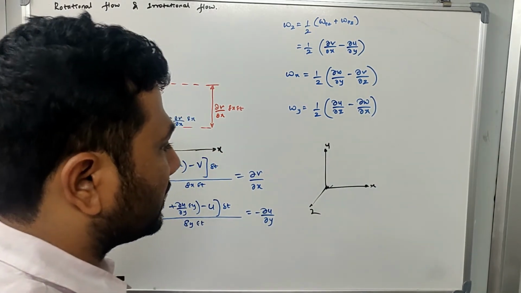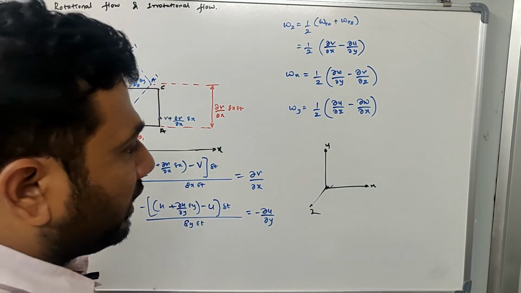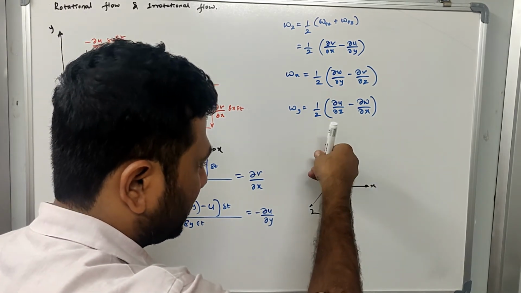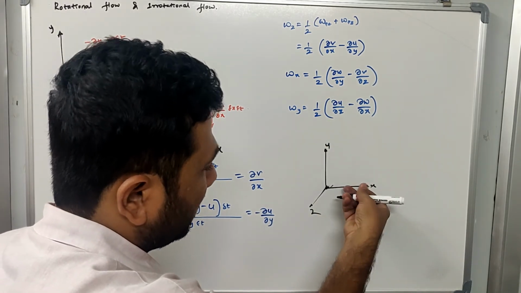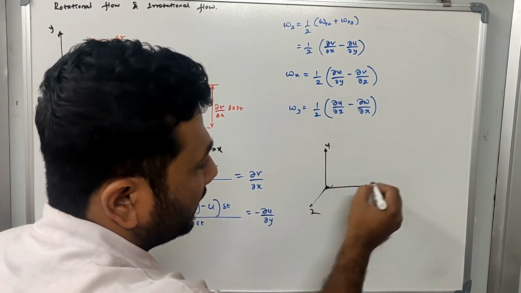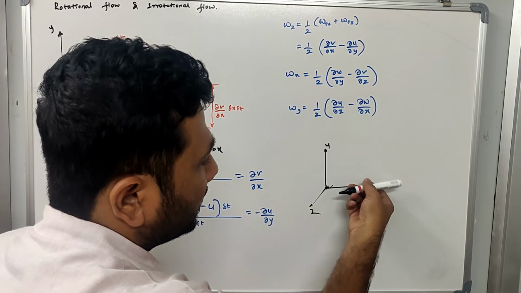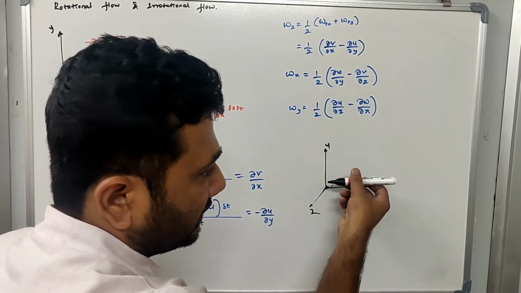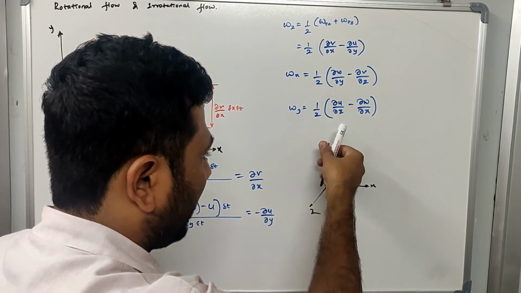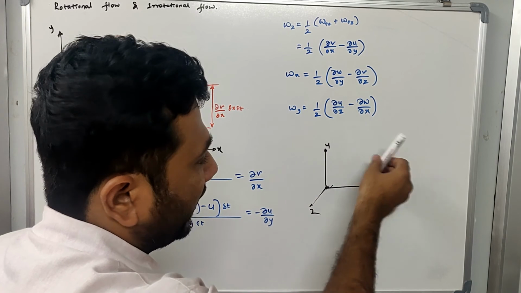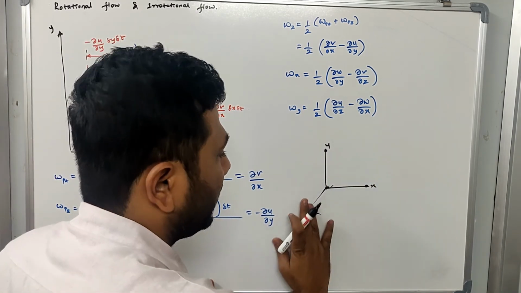So a molecule can rotate about all three different directions: y, x, and z. When it is rotating in the z direction, it is on a plane of x and y. When it is rotating about the x axis, it is on a plane of y and z. If it is rotating about the y axis, it is on a plane of x and z. That is what you need to understand here.